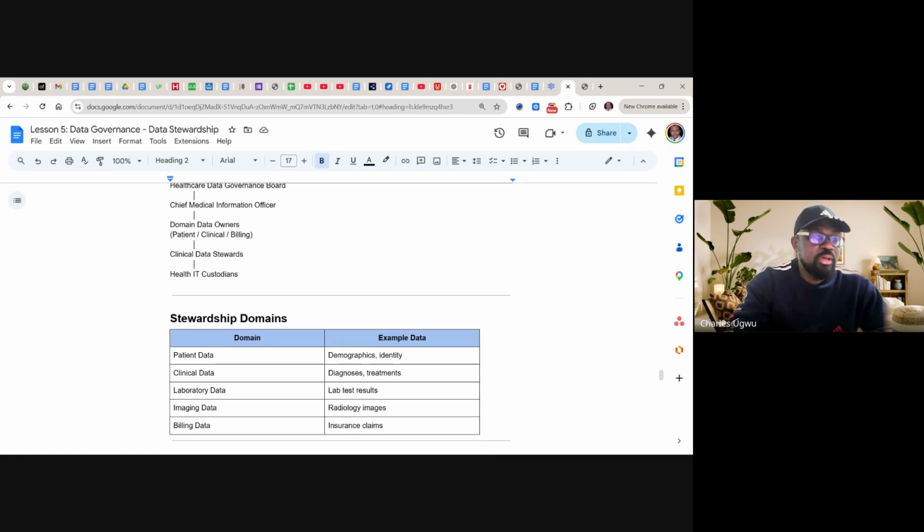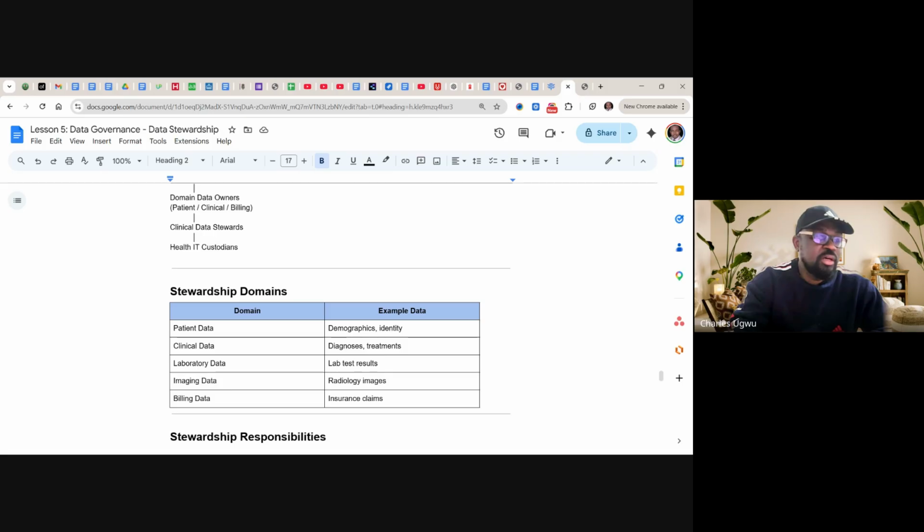And the stewardship domain will have patient data, clinical data, laboratory data, imagery data, and billing data, with relevant examples: patient data, demographic and identity; clinical data, diagnosis and treatment; laboratory data, lab test results; image data, radiography image; billing data, insurance claim.